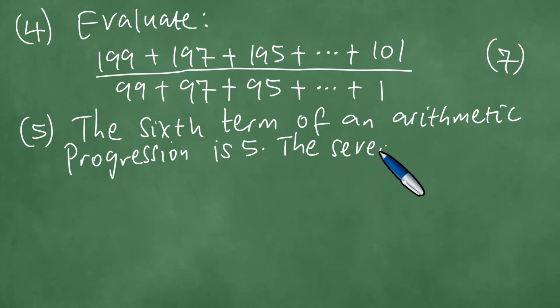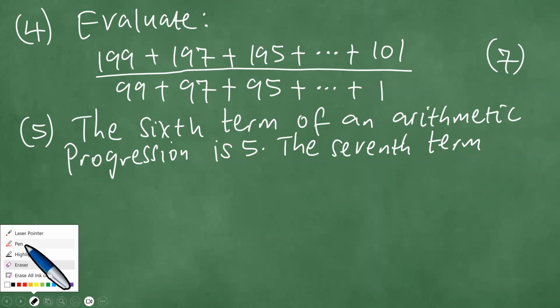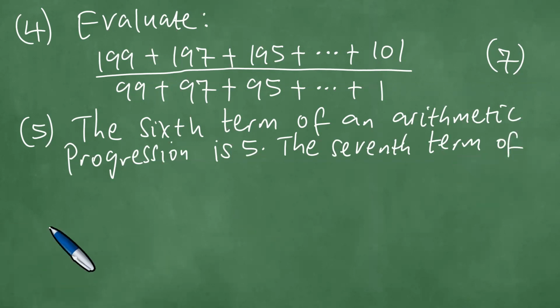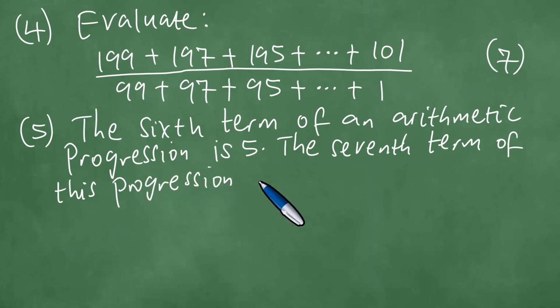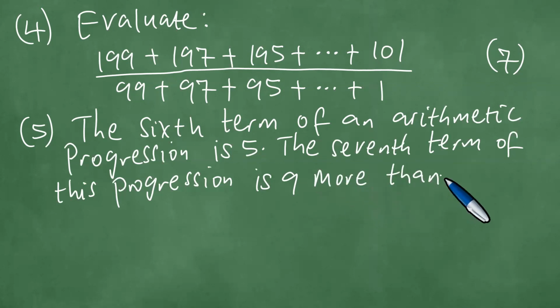The 7th term of this progression is 9 more than the 4th term.